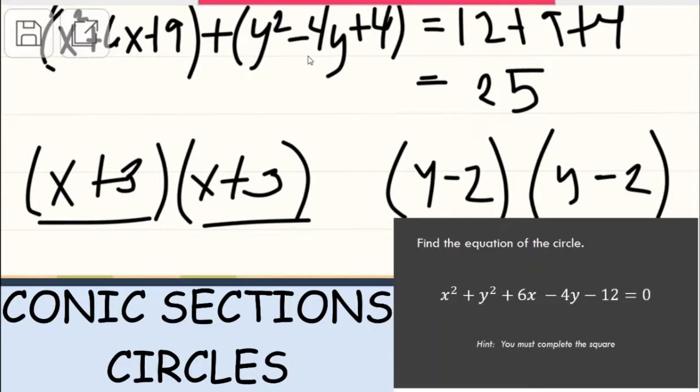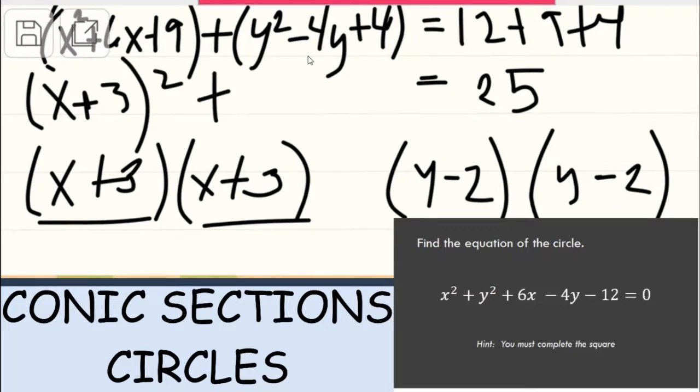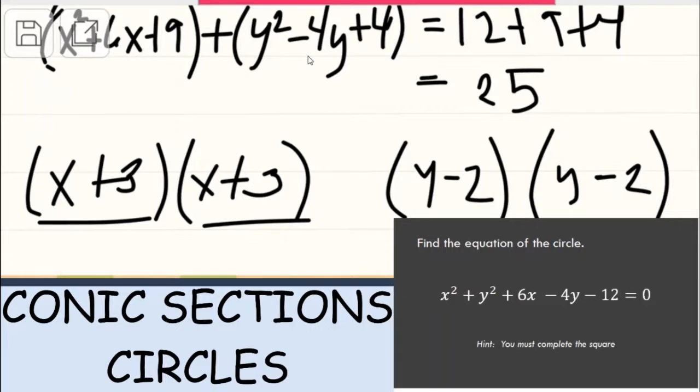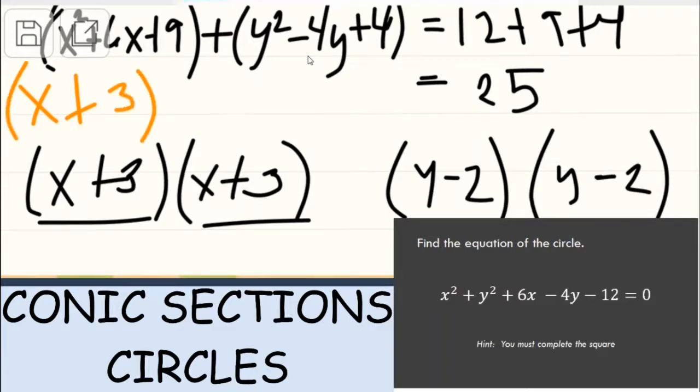So, magiging x plus 3 squared plus y minus 2 squared.